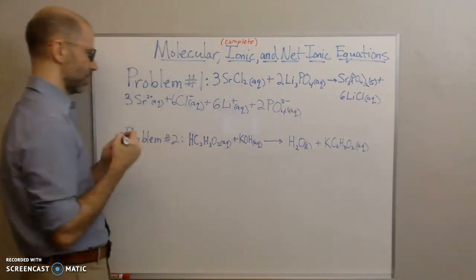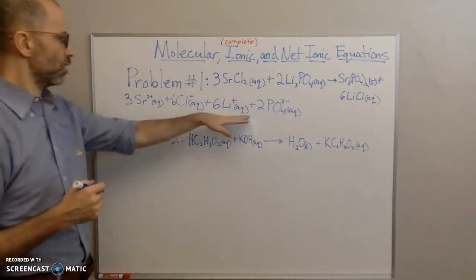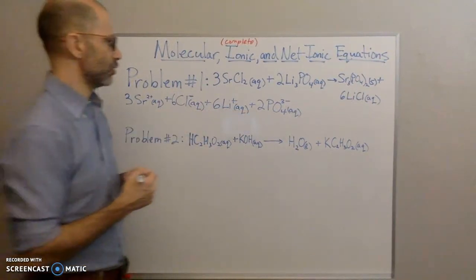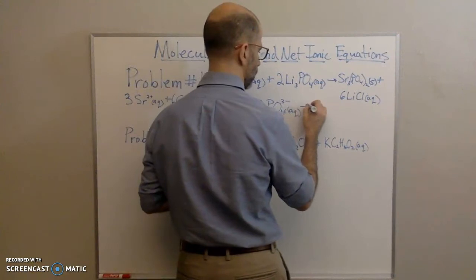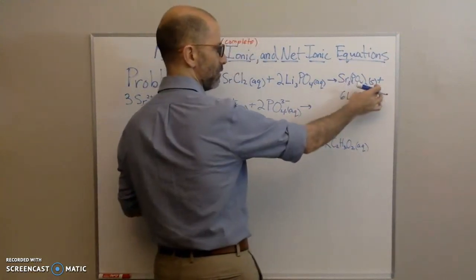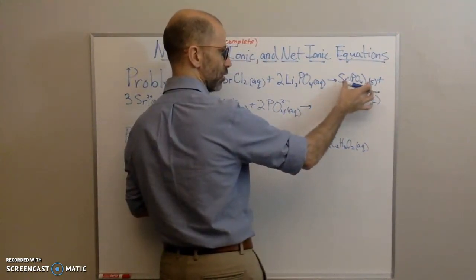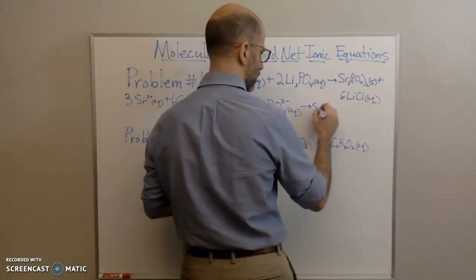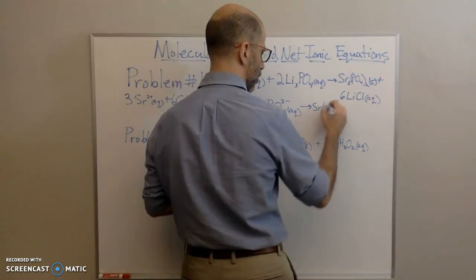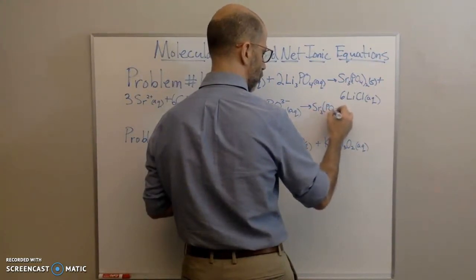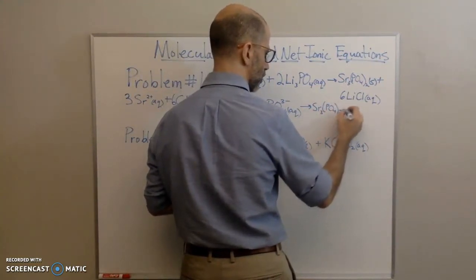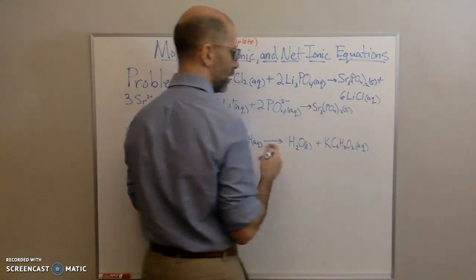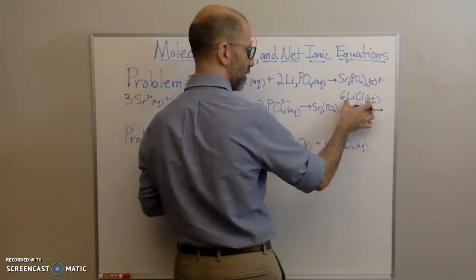So now we just separated the ions for the reactants. Now we're going to do the products. We have this as a solid, so this is going to stay together. We're not going to separate the solid. So that's going to stay as Sr3(PO4)2, and that's solid. And then we're going to separate these.